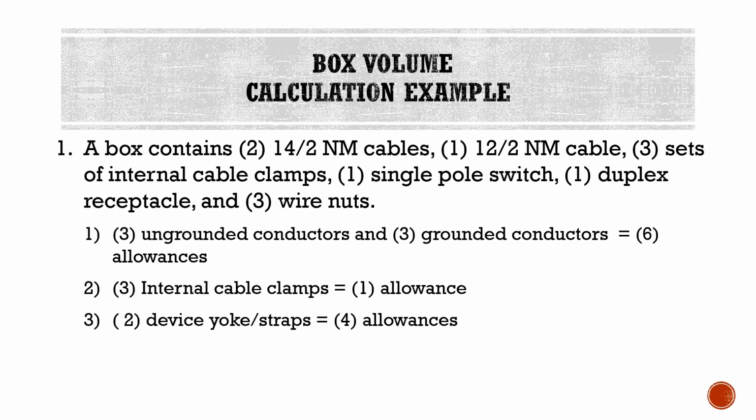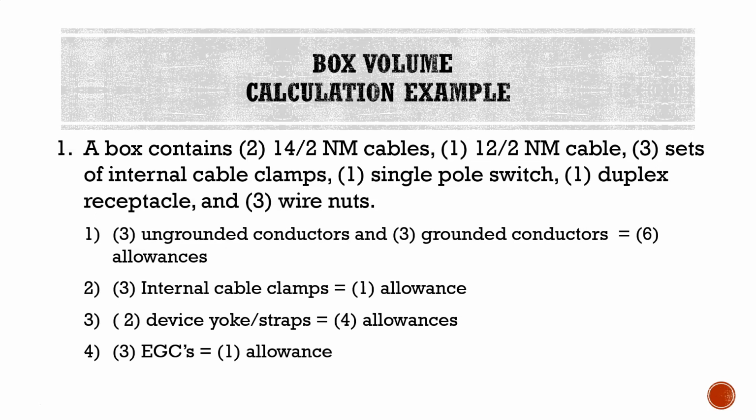Next, we have 2 devices with 2 device yokes or straps, the single pole switch having 1 set of yokes or straps, and the duplex receptacle having 1 set of yokes or straps. That would be a total of 4 allowances.